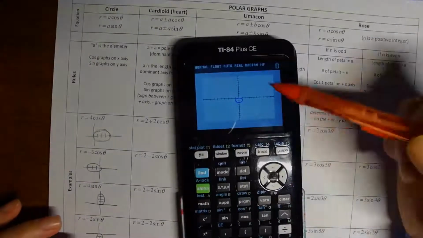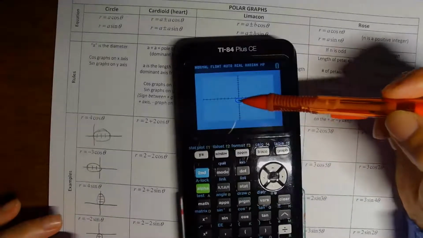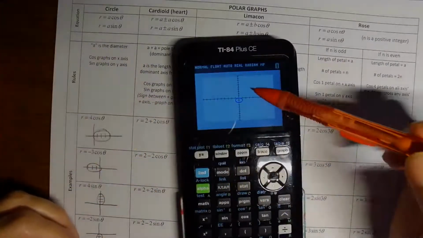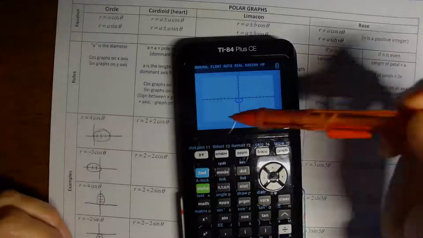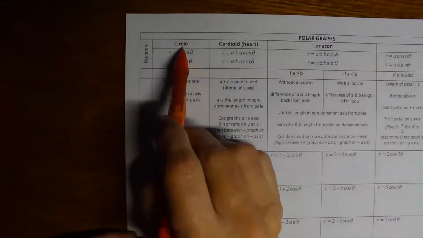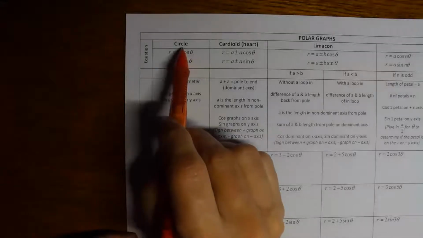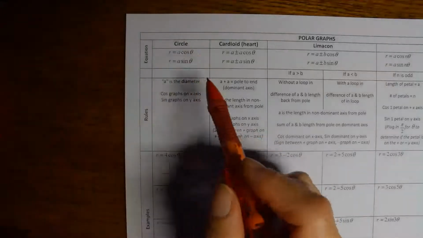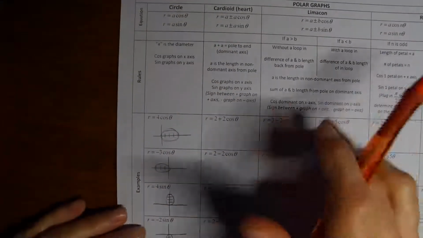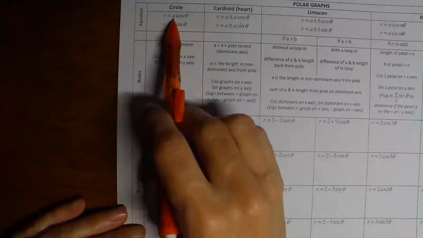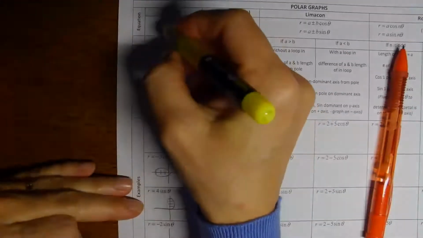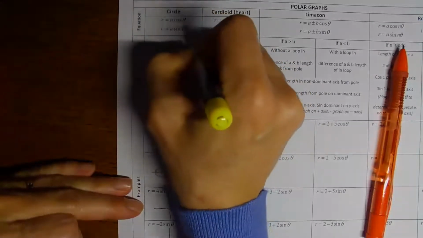Because this axis is 10 and this axis is 10 in each direction, but your calculator is a rectangle. So is it a little distorted? It's a little distorted. So what are these guys? Circles. Not bad, right? And what is the A? A is the diameter.